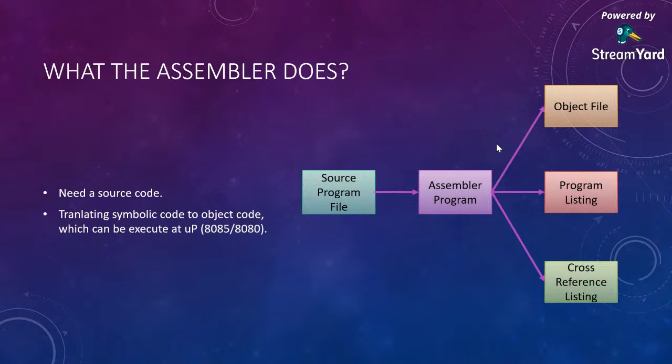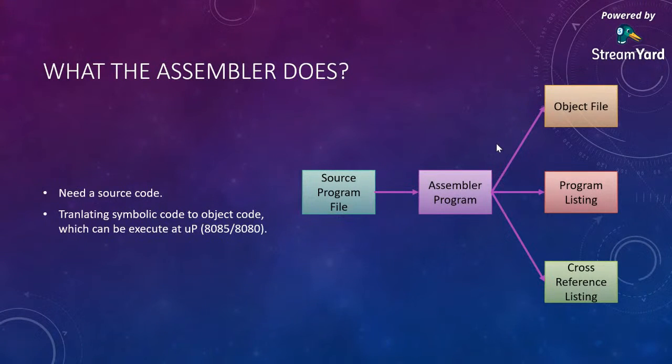So what the assembler does: there is a source program file, as I told you previously, and then it goes to the assembler program, which is the translator described in the previous slide, and it will create three files. First is object files, second is program listing, third is cross-reference listings. Later on we will see what exactly is behind those three things.